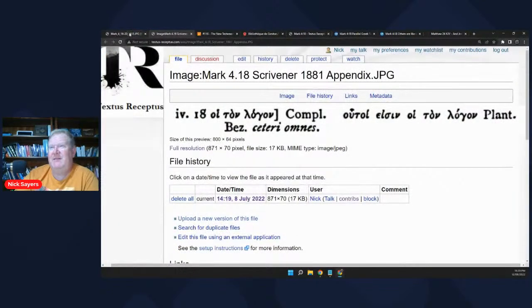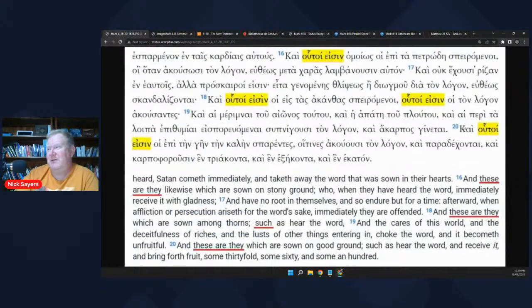And when you go through it and you can compare it, I mean, such as here the word, obviously such is equivalent to these are they. If I said, you know, these are they who have blue hair, such as, you know, use certain products to make their hair that type of color.